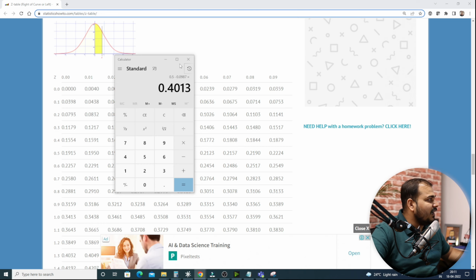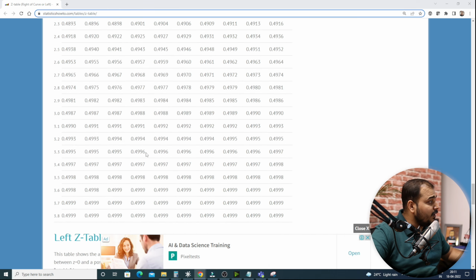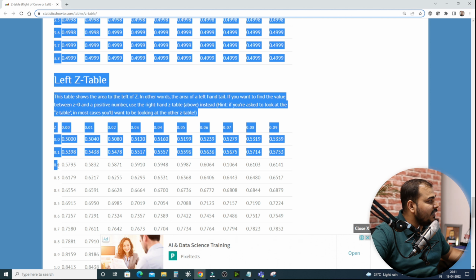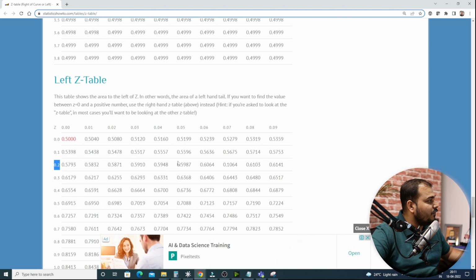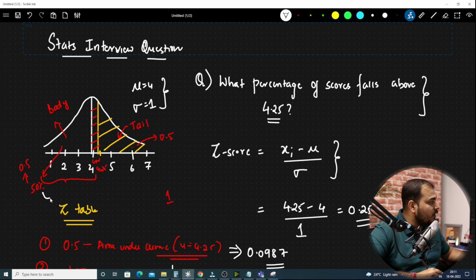Now, if I go and see the other Z table, this one is the Z table to the right. The Z table to the left is also there. When I'm calculating 0.25 in the Z table to the left, you can see direct values there for 0.25, which is 0.5987. This value is the entire area from the left up to this value, till this 4.25 standard deviation.